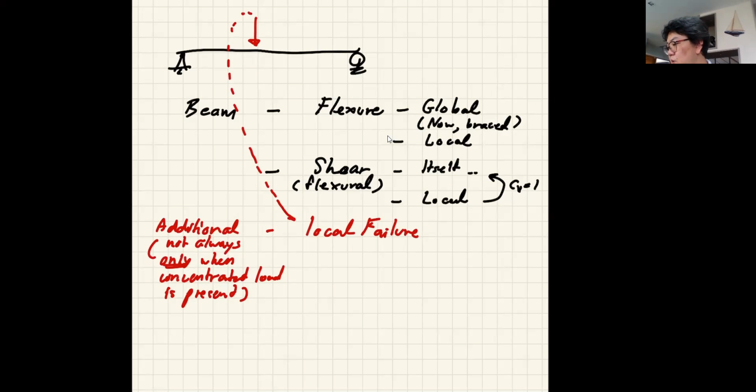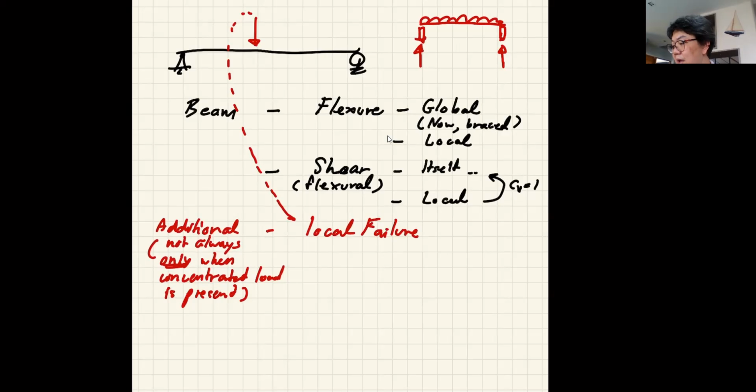Okay, now this also includes the case when you have, say, a simple beam carrying the uniform load, but the beam is put on the support such that the support itself can produce the point load or the concentrated load coming in the form of the reactions of the beam itself.